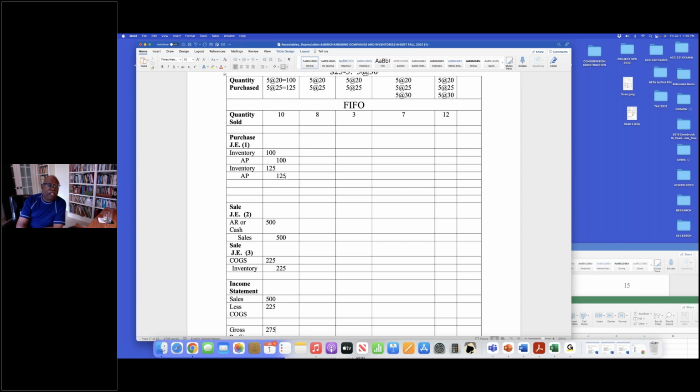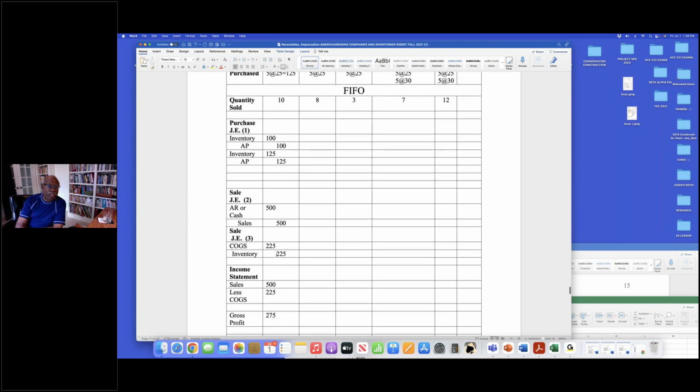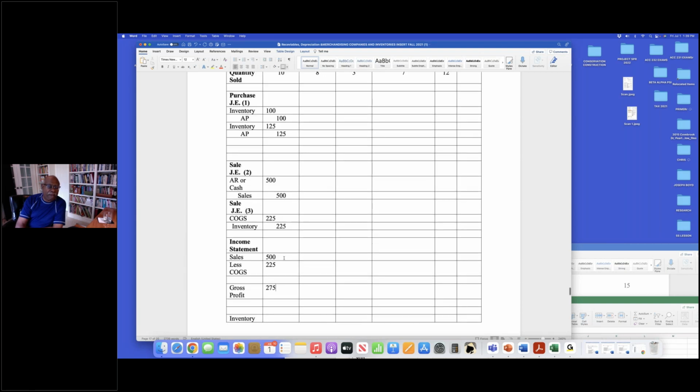So we have to add those together and we get 225. So the gross profit is 500 less 225 equals 275. And the 225 is simply what? The two purchases added together. Do you see that, Stalwart? Yes.